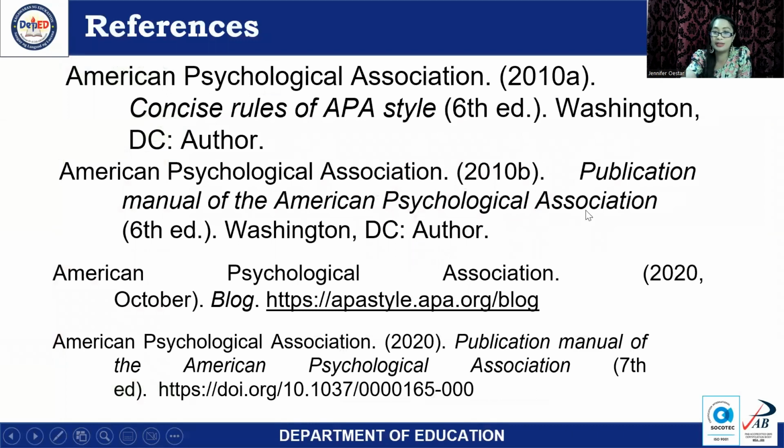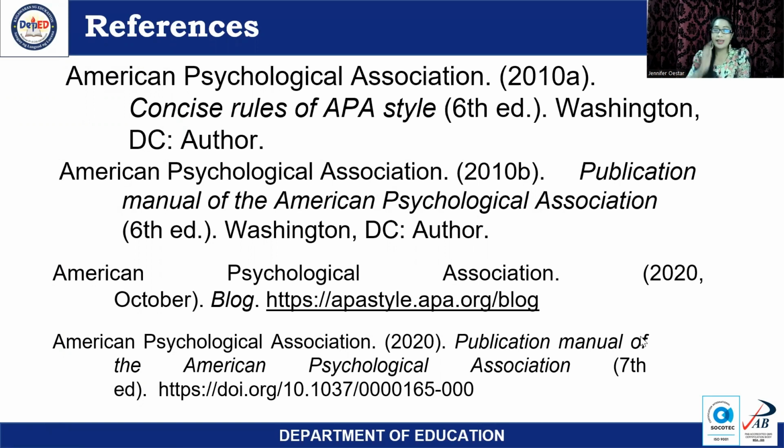I exceeded by a few minutes. So probably my time for questioning is already consumed. But I hope that most of the topics related to your questions on research writing, referencing, formatting, and even proofreading has been answered by my discussion.